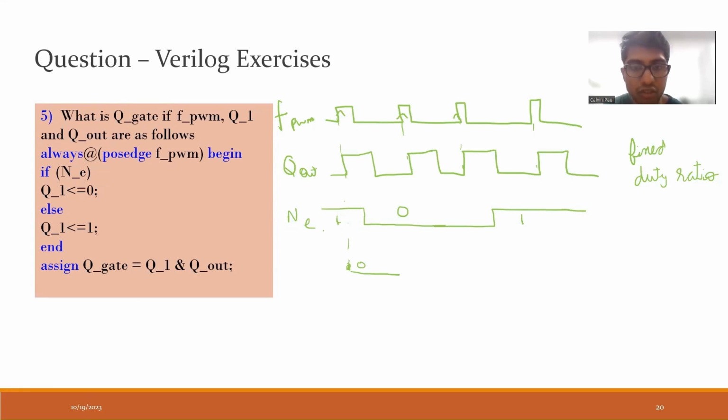Let us assume it was 1 prior to that. At the next positive edge, it will find that NE is 0, which implies my Q1 should be high. The next positive edge, it will again check, NE is still 0, so it still remains high.